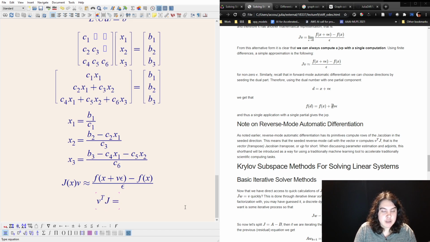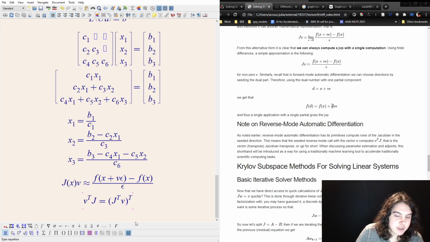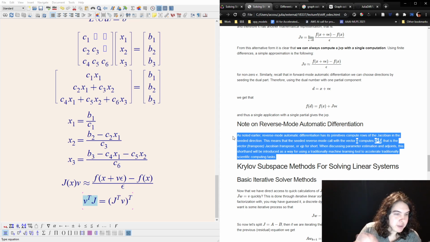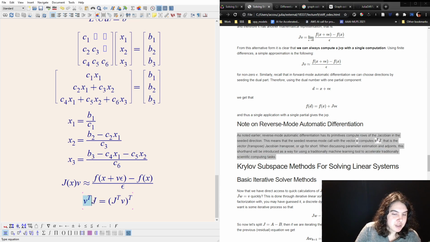Or another way of writing this is the Jacobian transpose times the vector. So if you need to do calculations against the transpose of the Jacobian, reverse mode AD is a trick that does a similar thing, but it does this operation instead of Jacobian vector products.